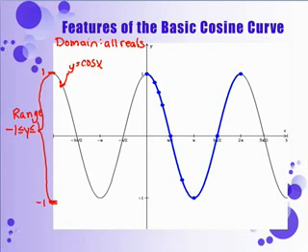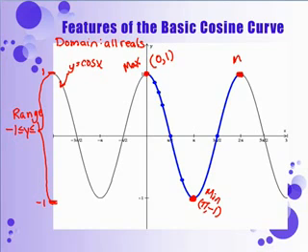Here we have highlighted again one cycle of cosine. You can see we start off, instead of at (0, 0), at (0, 1). That's your maximum. Then we have a minimum at (pi, -1). And we have another maximum. Let's go back and make a note here.